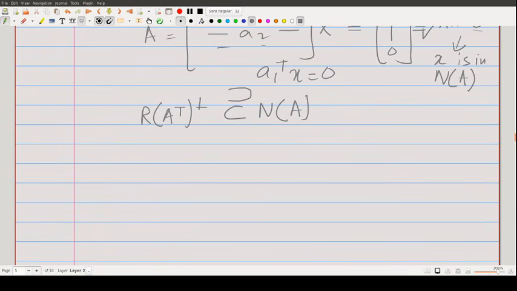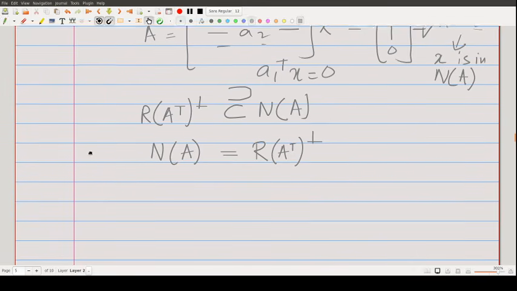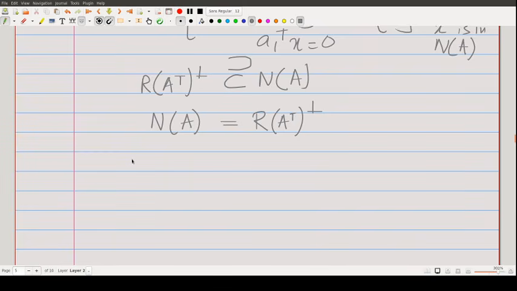Therefore the null space of A is the same as the orthogonal complement of the column space of A transpose. Since we did not use any dimensions, I can just say that if B is equal to A transpose, then the null space of B is equal to the orthogonal complement of the column space of B transpose.